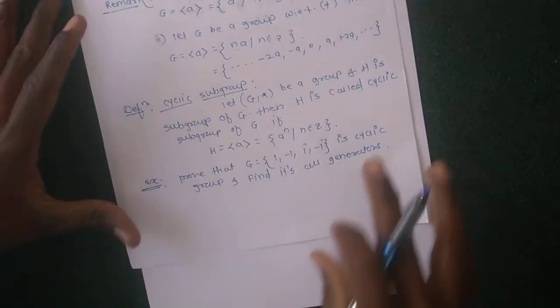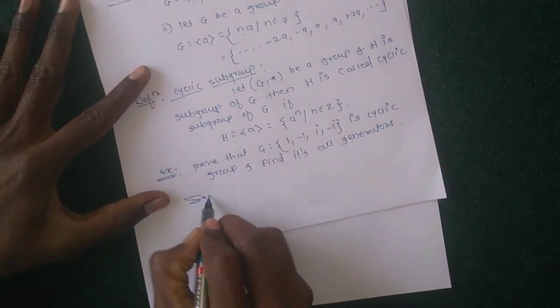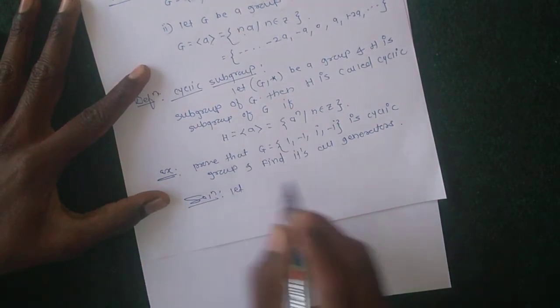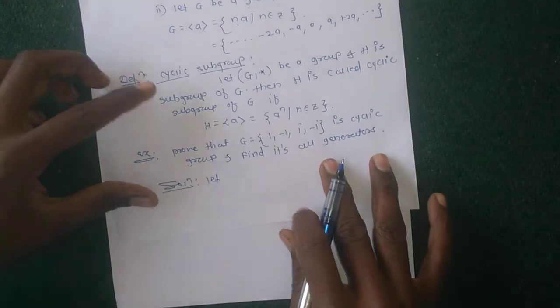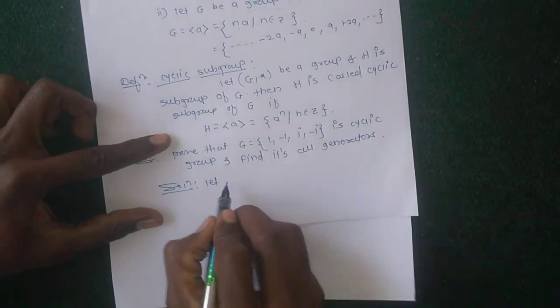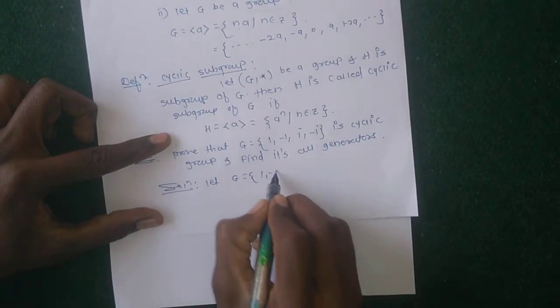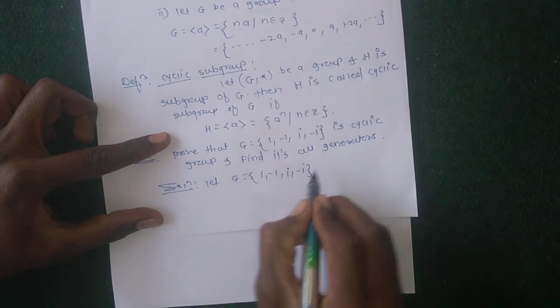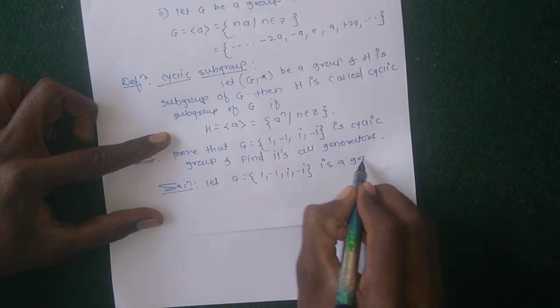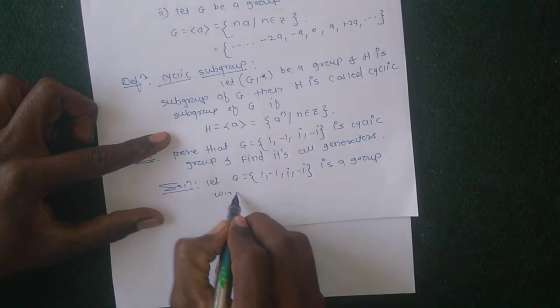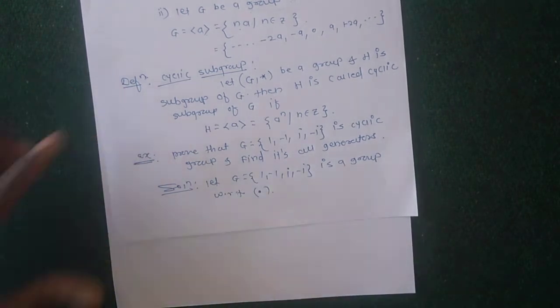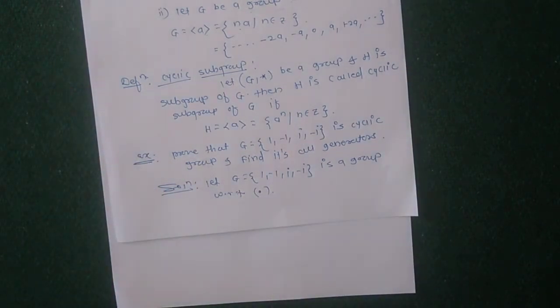Solution: let G equal 1, minus 1, i, minus i. It is a group with respect to multiplication, which was also proven in the first chapter.